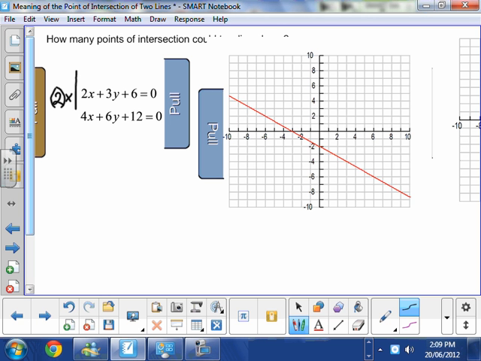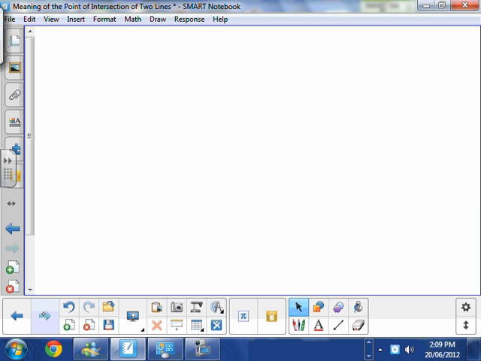Oh, you're right. I can see here 2 times 2 is 4, 3 times 2 is 6, 6 times 2 is 12. So basically we got the second equation from the first one multiplied by 2. Is that correct? Yes, it is correct. We have equivalent equations here. How many points of intersection do we have? We have infinitely many points of intersection in this case.